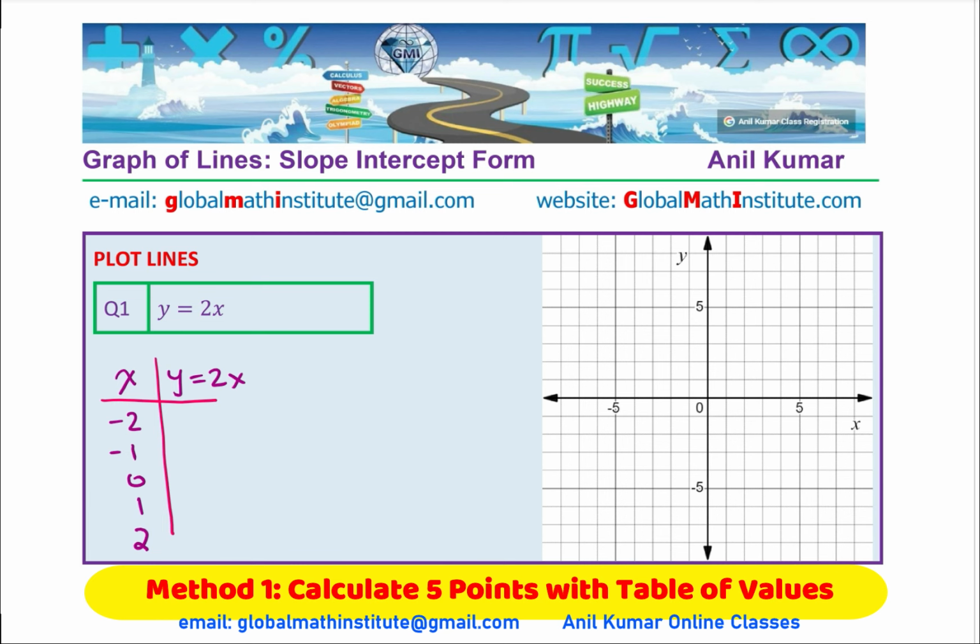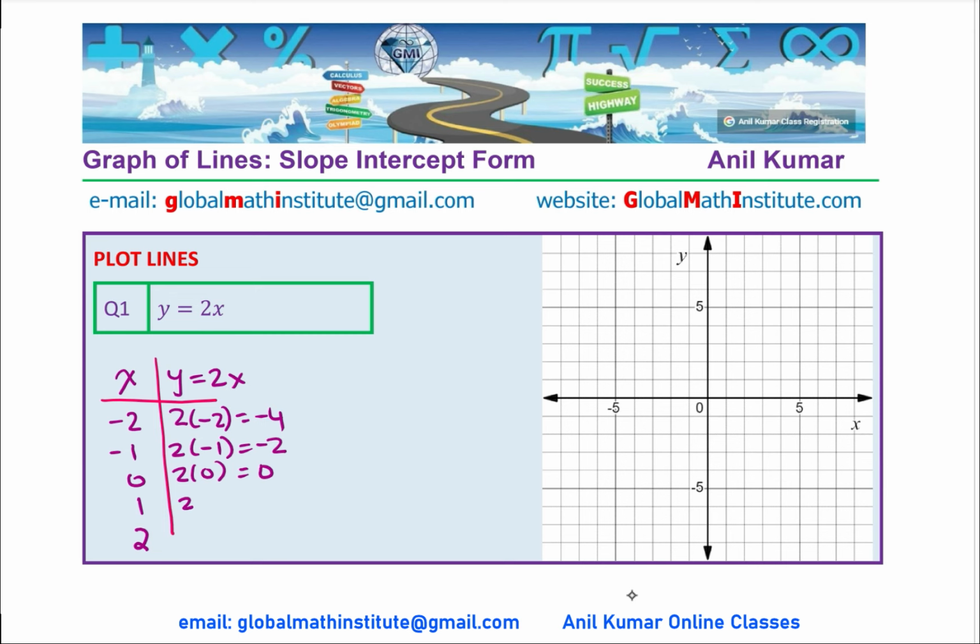So if you calculate the y value for minus 2, we get 2 times minus 2, which is minus 4. Then we get 2 times minus 1, which is minus 2. 2 times 0 gives you 0. 2 times 1 is 2. And then 2 times 2 is 4.